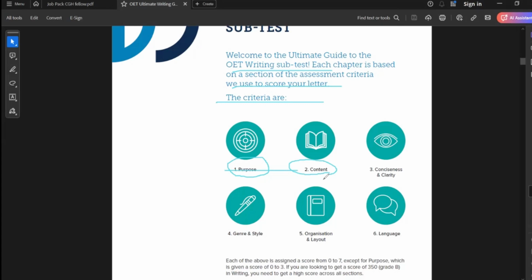Even if you take a practical example, whenever you are working in a healthcare setting, if you write a long letter, it will consume your time as well, and it will consume the time of that specific doctor as well. So it's useless to write a long letter. Keep your letter between 200 to 220 words.